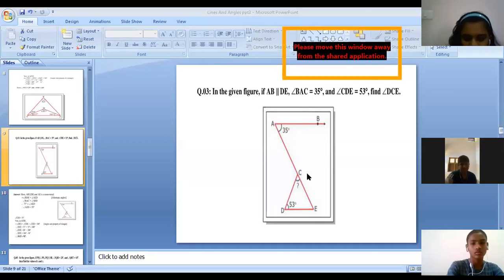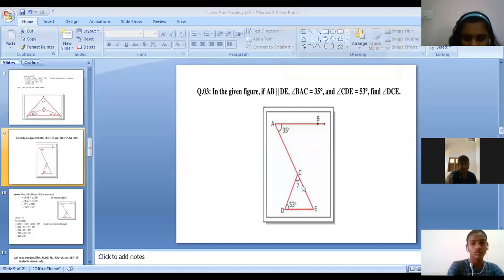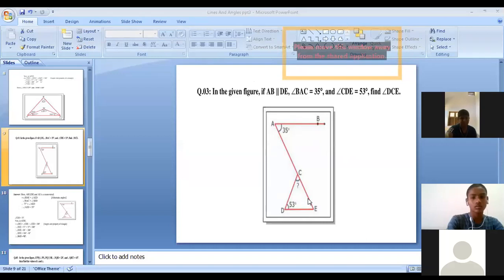But this is possible only when parallel lines are given. And it is said that AB is parallel to DE and a letter Z is formed. When you observe this letter Z, BAE and AED, the angles formed here, these two act as alternate interior angles, that is 35 degrees.